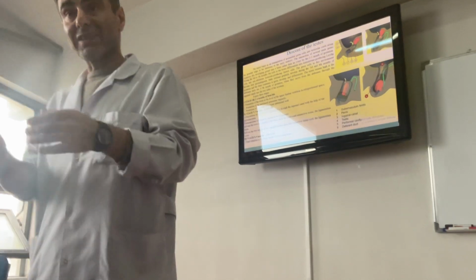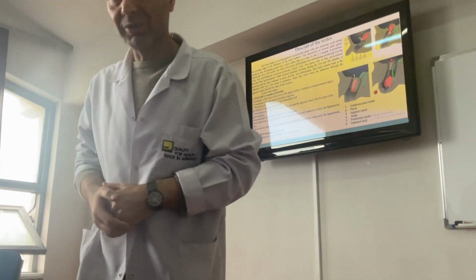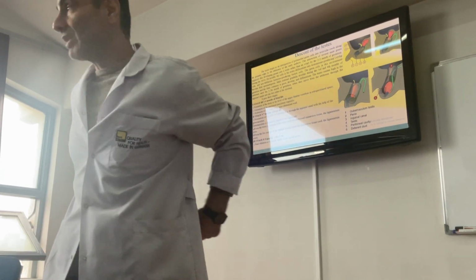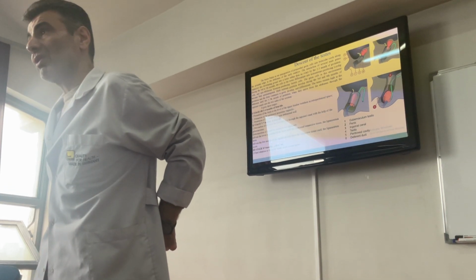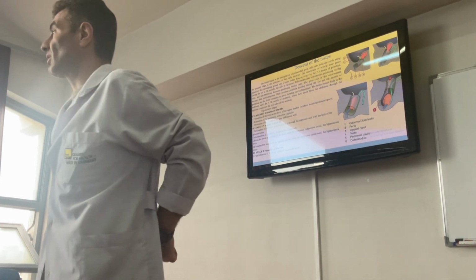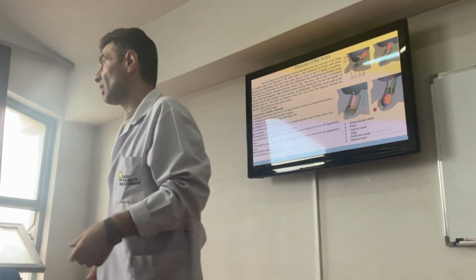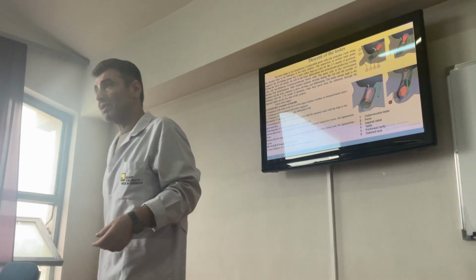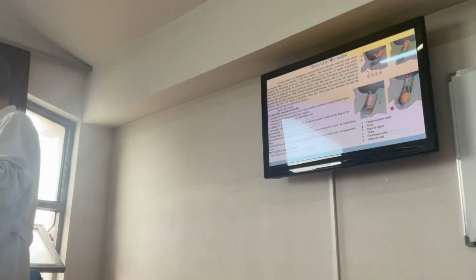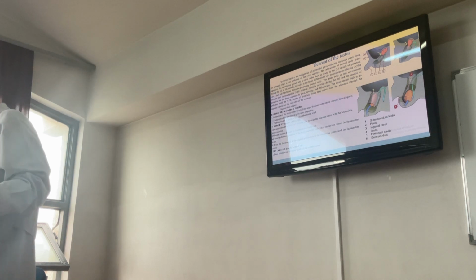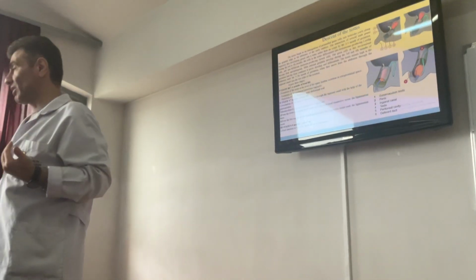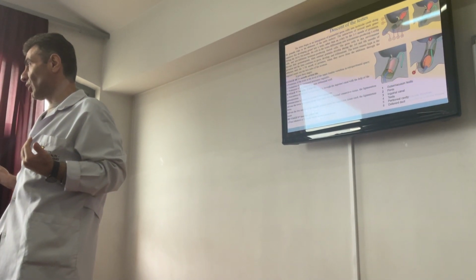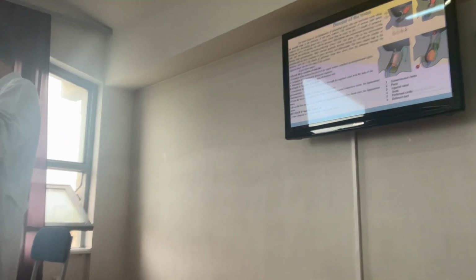Our testis, as for you the round ligament of the uterus, originated in the retroperitoneal space, at the level of the first and second lumbar vertebrae. What is retroperitoneal space? It is the space between the transverse or endoabdominal fascia and the parietal peritoneum. From the back you have the transverse fascia, and in front you have the parietal peritoneum.